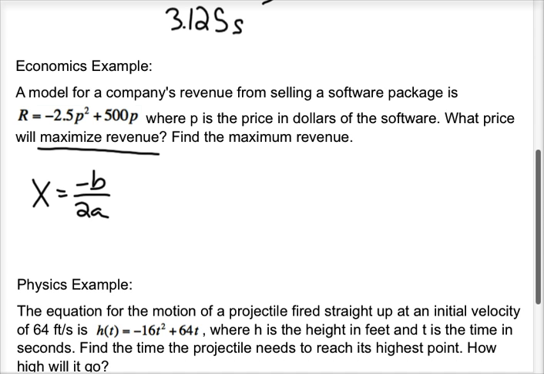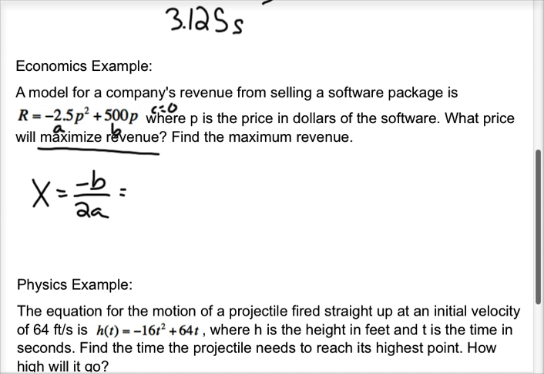All right, so a is negative 2.5. B is 500, and in this case there is no number by itself. So that means my C is 0 in this case. All right? So don't be intimidated if there's only 2 terms. Still just label out A, B, and C. This time it just so happens C is 0.